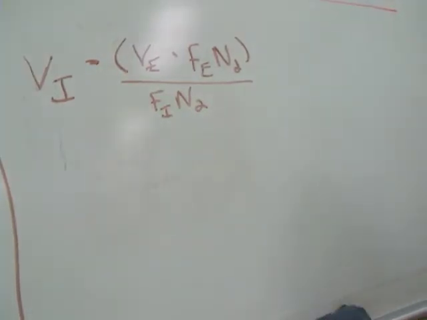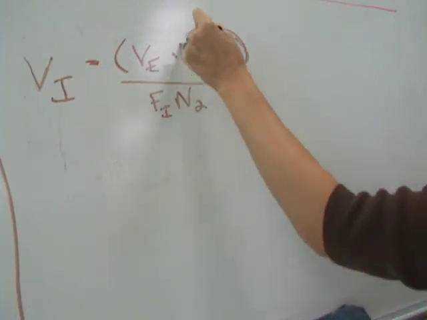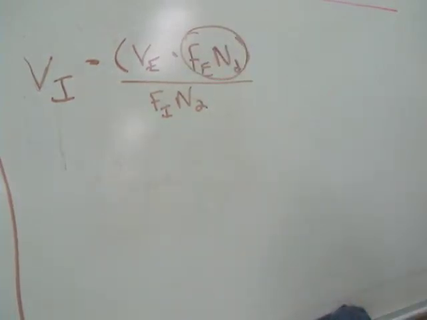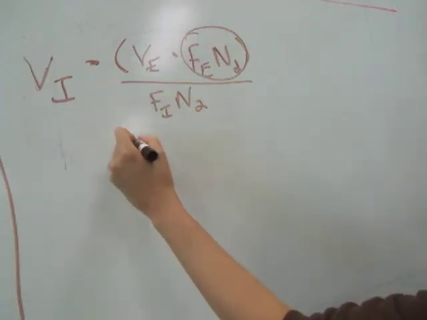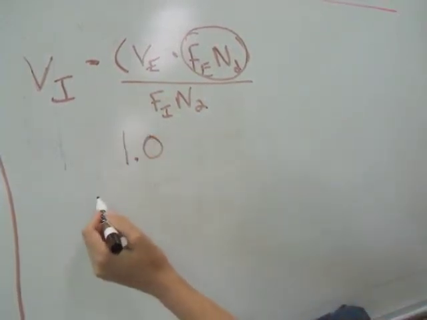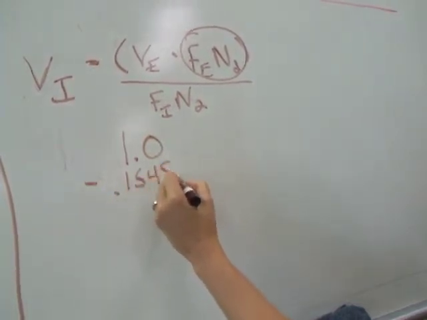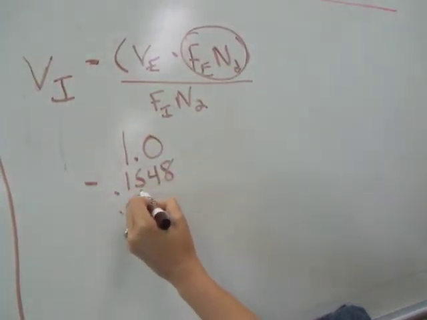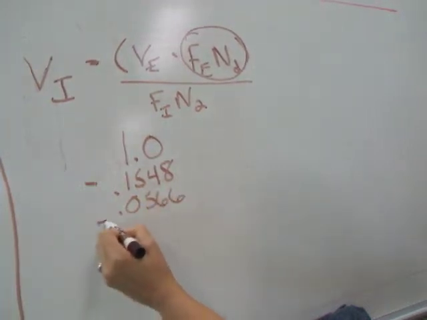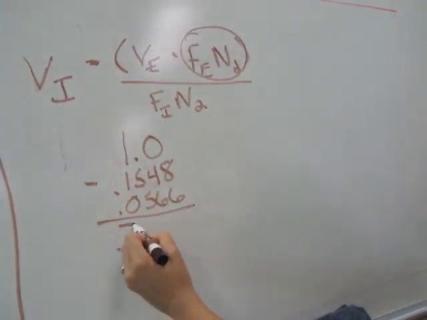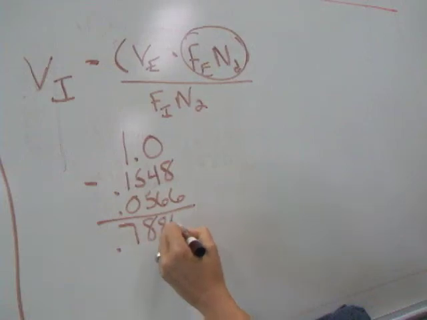Now we don't know this number right off the top because we were given the fraction that was expired for oxygen and carbon dioxide, but we don't know the fraction that was nitrogen. So you're just going to subtract from 1 the carbon dioxide and the oxygen numbers, and you get the fraction that's left over.